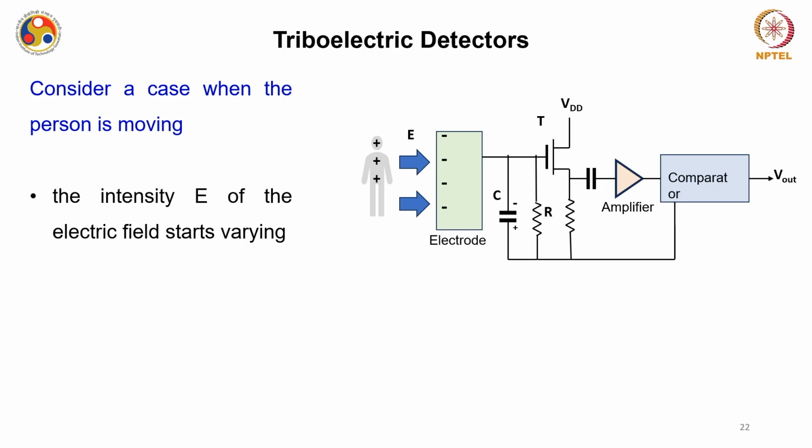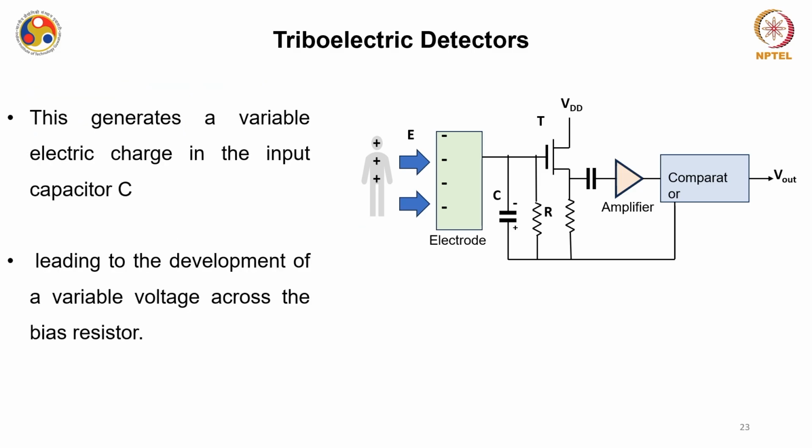Now let us consider that the person is moving. We have seen the first case when the person was at rest. Now he is moving, and because of that the intensity E, which is established between this person and the electrode, starts varying. This varying electric field generates a variable electric charge in the input capacitance C. So through this electrode, this capacitance starts charging.